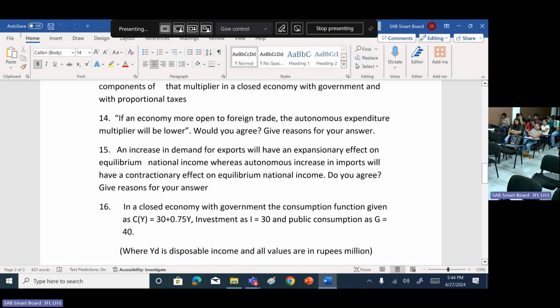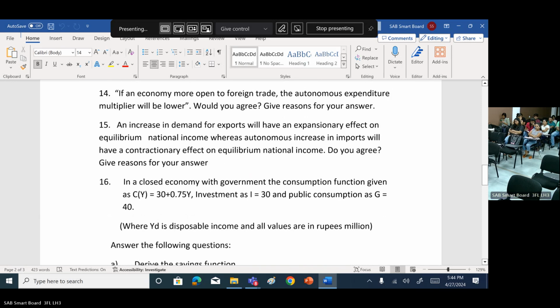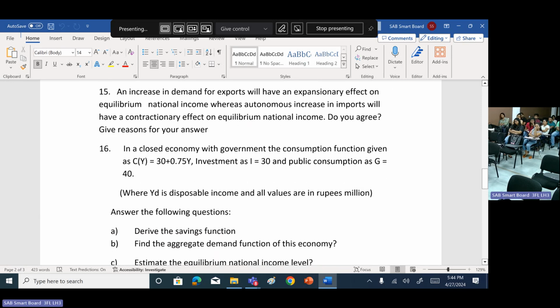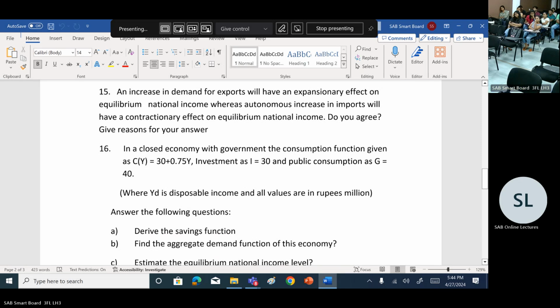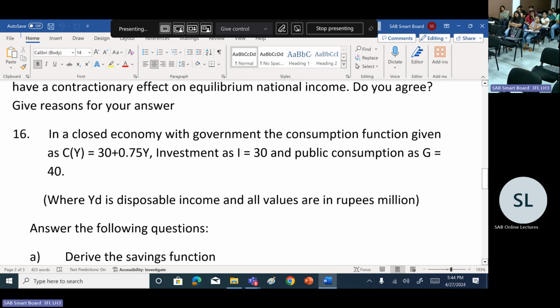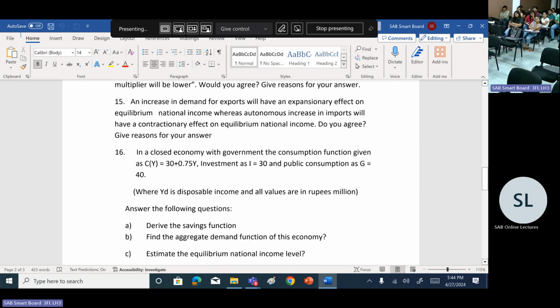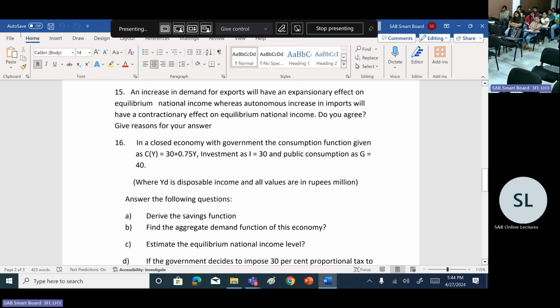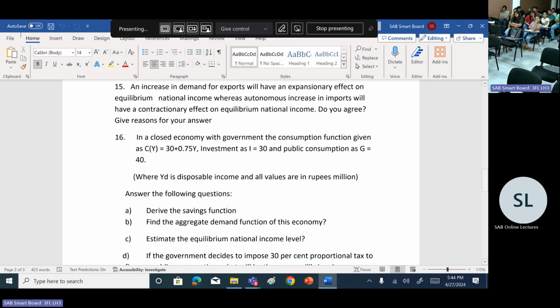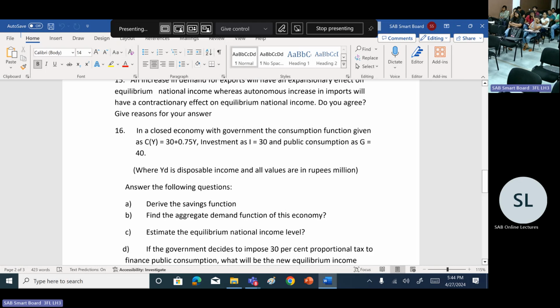Then macroeconomic equilibrium conditions. What is the saving function? Given the consumption function 30 plus 0.75y, the saving function is minus 30 plus 0.25y. What is aggregate demand?